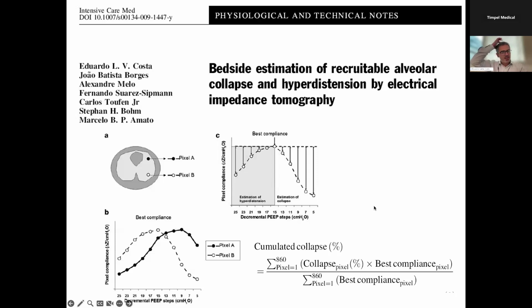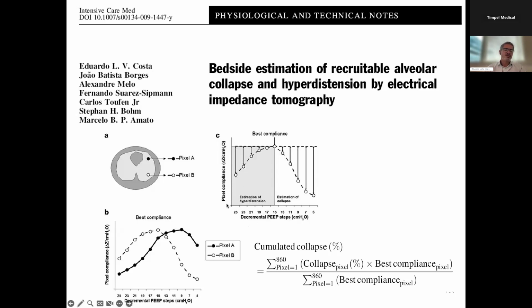This was proposed in a proof of concept paper back in 2009. Basically what we did is a decremental PEEP titration in a couple of patients, and we drew for each region of the lung, for each pixel actually, the compliance-PEEP curve.